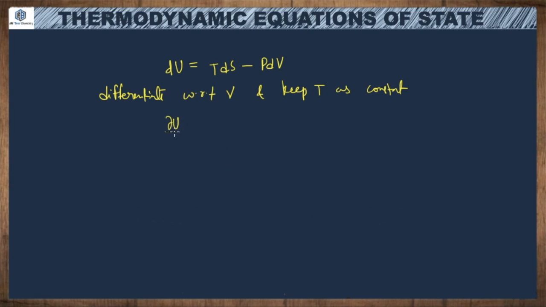So you'll get del U by del V at constant T equal to T, because T is constant, times del S by del V at constant T, minus, and if you differentiate dV, it will become 1 itself, so you'll be getting just P over here.